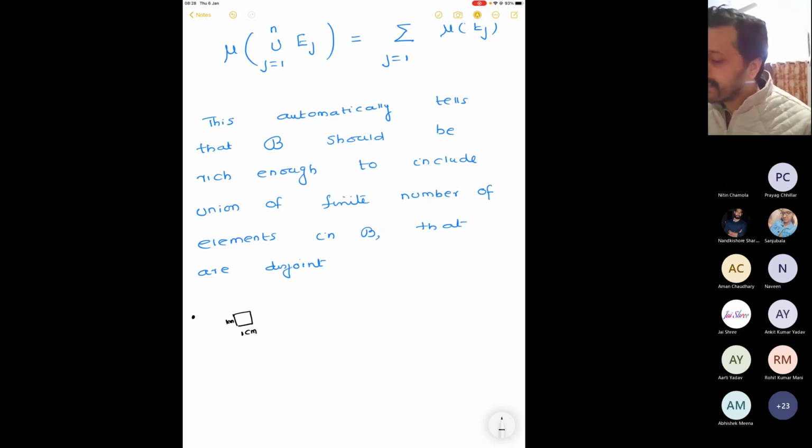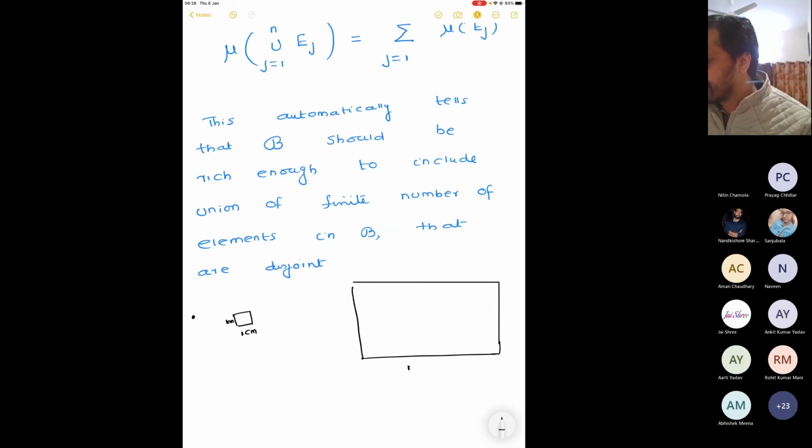Now using this, can you measure a rectangle whose length is m centimeter, let us say, and breadth is n centimeter? Can you do that? Yes, sir.